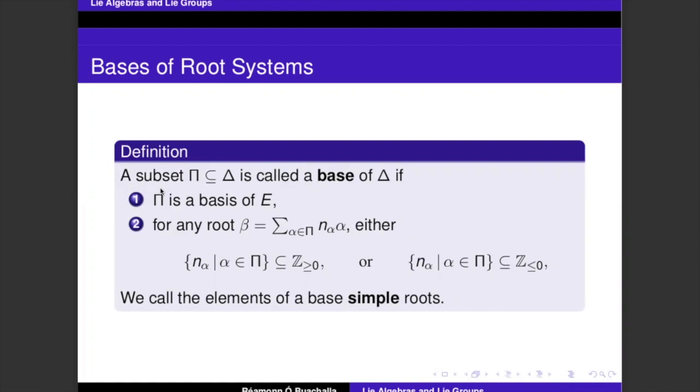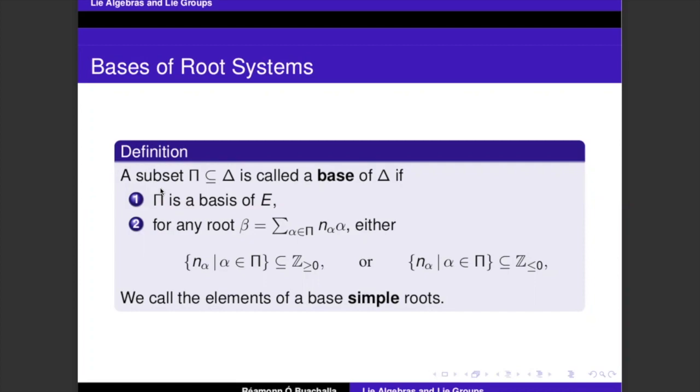Now, we also want the way that it spans the space to interact with the root system itself. And this is where the integers come back into it again. You'll see integers appearing just like at the end of the previous definition. So we want that for any root beta, any element inside our delta, we can express it as a linear combination of integers, so that somehow the roots are given by integer linear coefficients of the base.